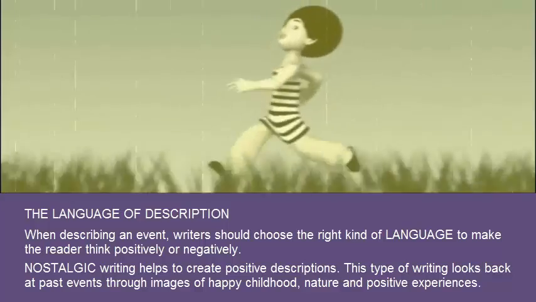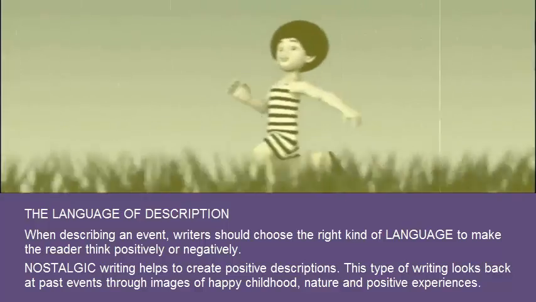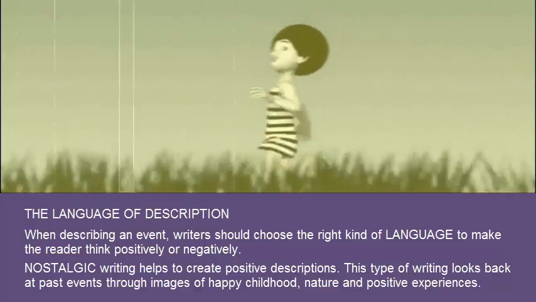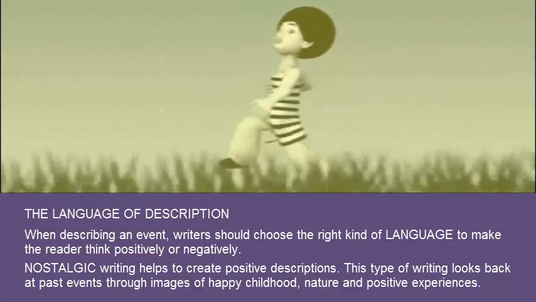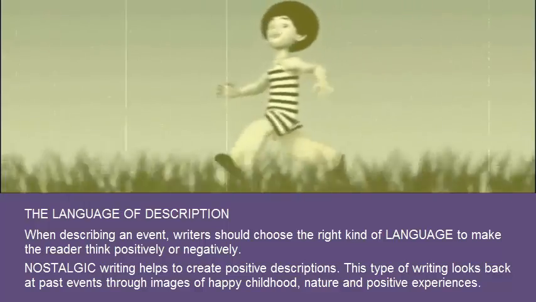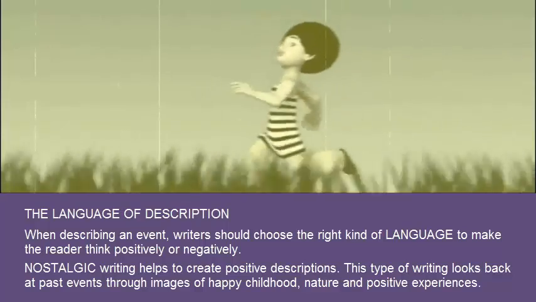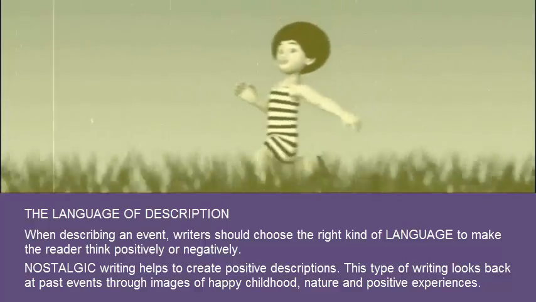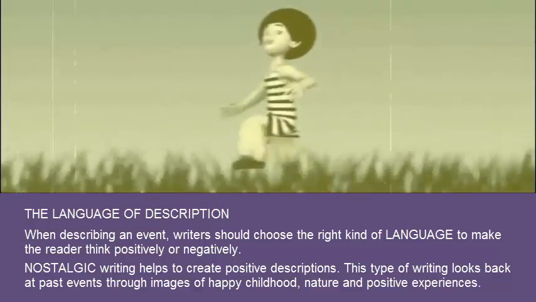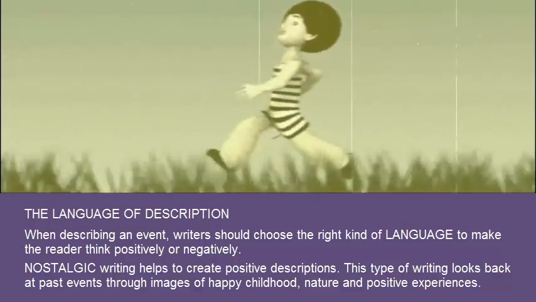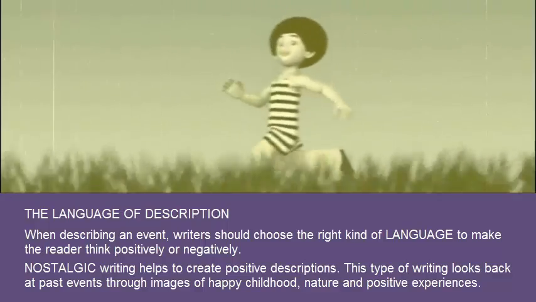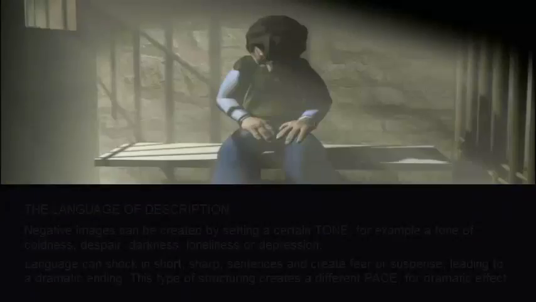The language of description. When describing an event, writers should choose the right kind of language to make the reader think positively or negatively. Nostalgic writing helps to create positive descriptions. This type of writing looks back at past events through images of happy childhood, nature, and positive experiences.